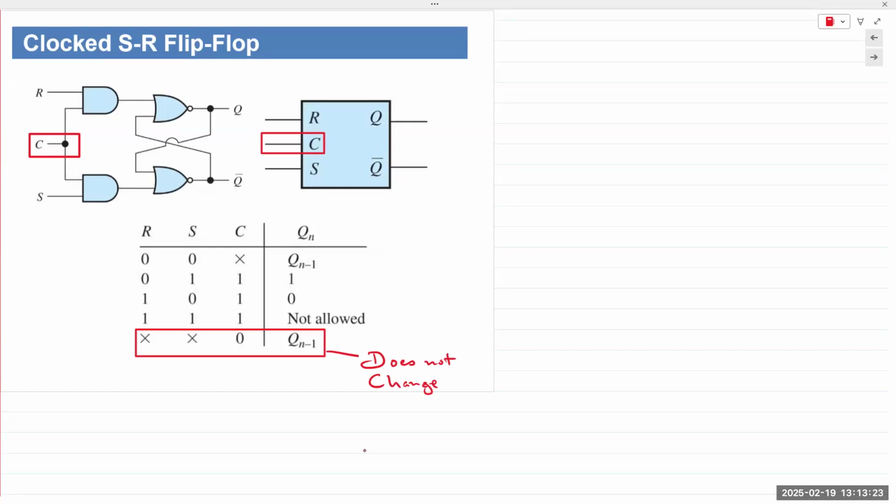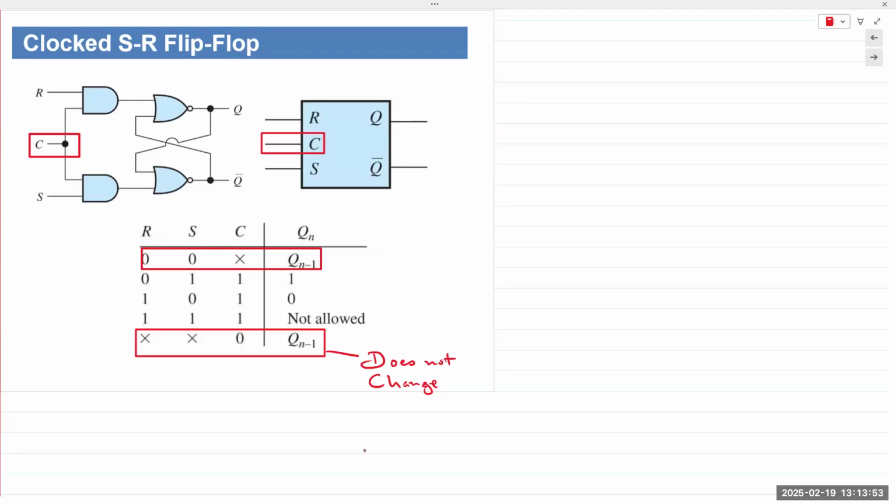When the clock is present, in these states, it functions exactly as the SR flip-flop. With 0, 0, it's Qn minus 1; with 0, 1, output is 1; and with 1, 0, output is 0.